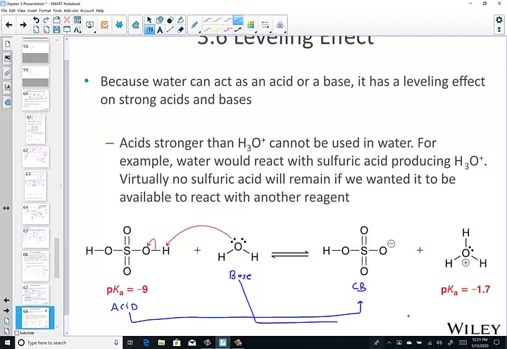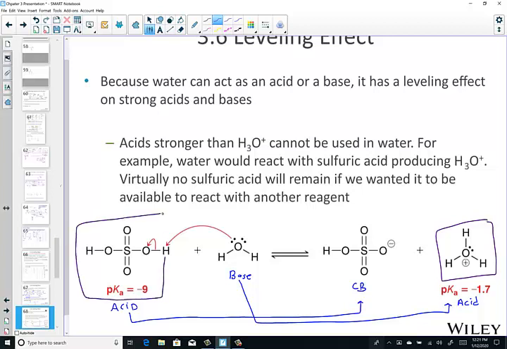And the conjugate acid is hydronium. So when I find those two acids, I'm comparing hydronium, pKa of -1.7, and sulfuric acid with its pKa published at -9.